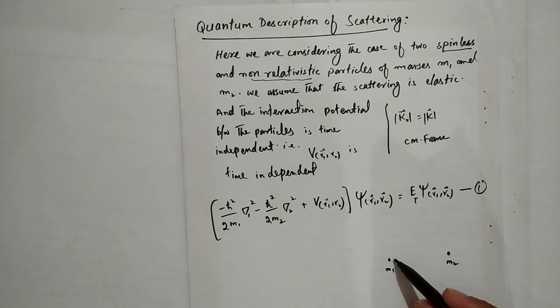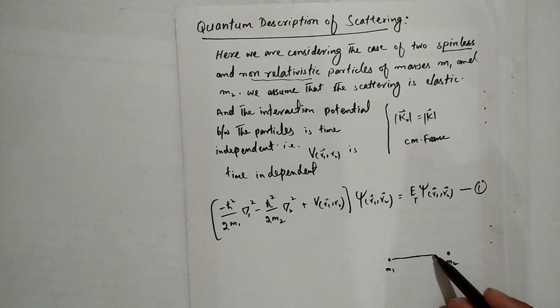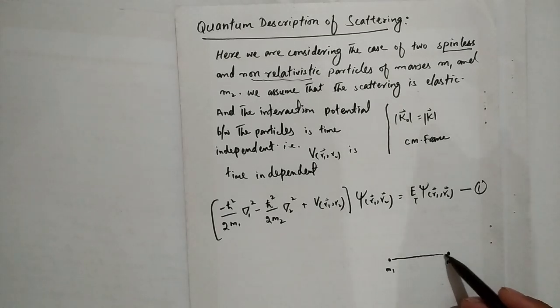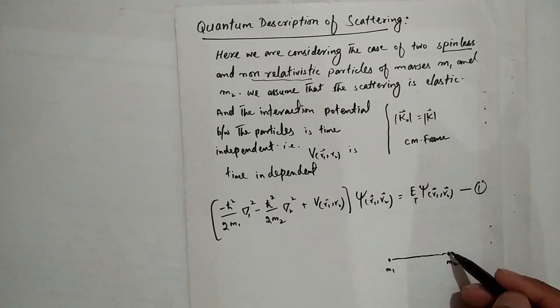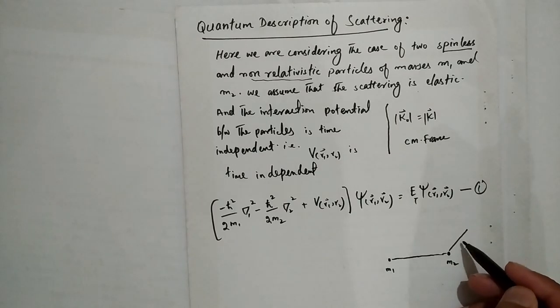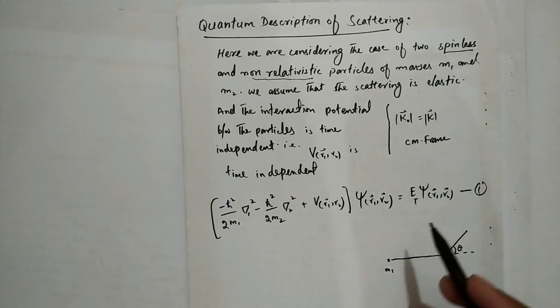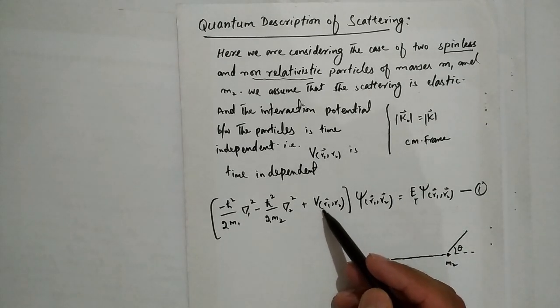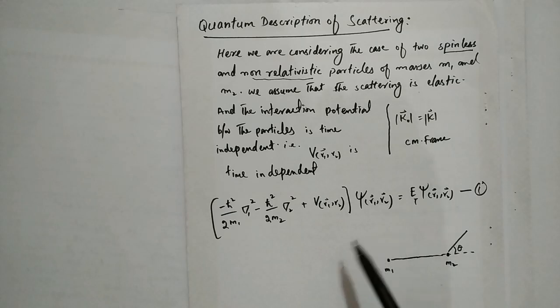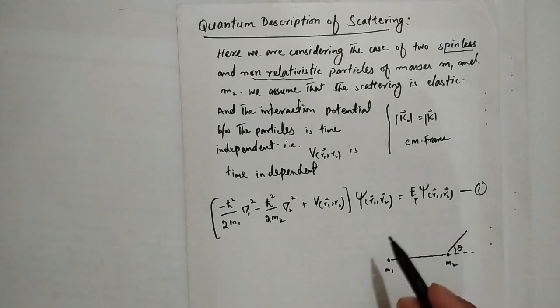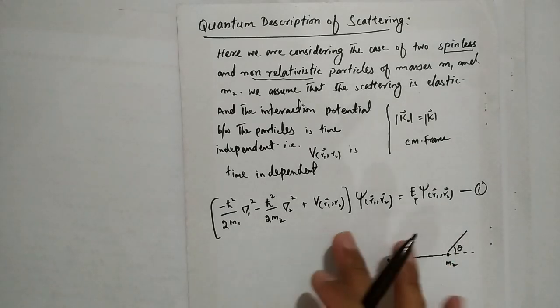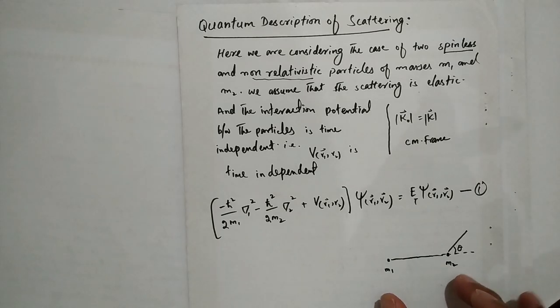Let this particle be allowed to interact with the target particle, and after interaction it scatters with an angle theta in this direction. Here this is the potential between these two particles, and now this is a two body problem.